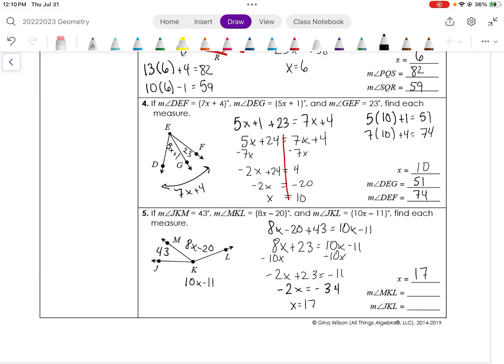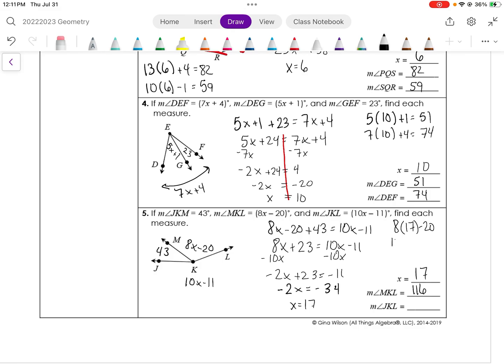Whew. Okay. And then we plug it in. MKL was that 8x. So 8 times 17 minus 20. Let's see, 8 times 17 minus 20. Should get 116 there.